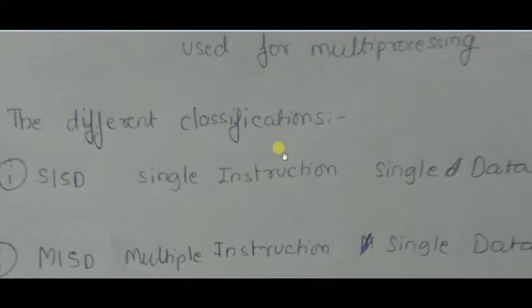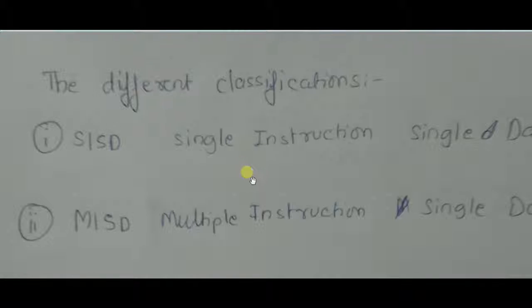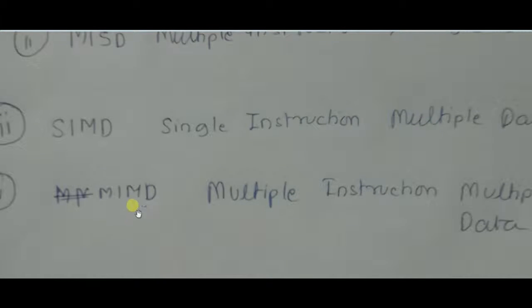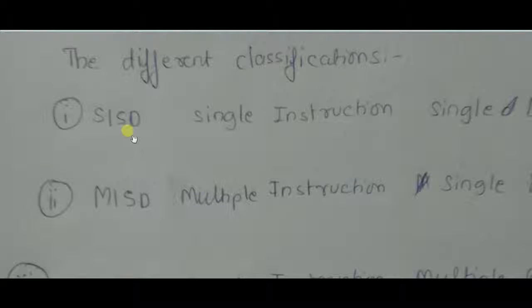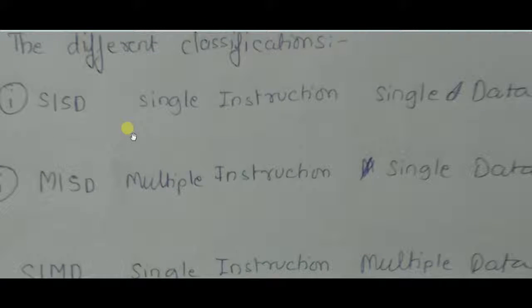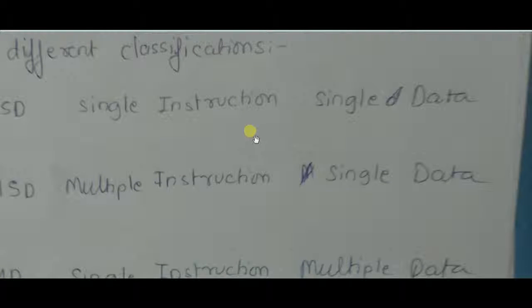The different classifications that Flynn made are SISD, MISD, SIMD, and MIMD. What is SISD? SISD is single instruction, single data, single instruction stream, single data stream. What this means is there's going to be one instruction and one data processor.